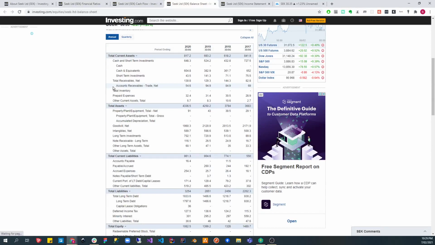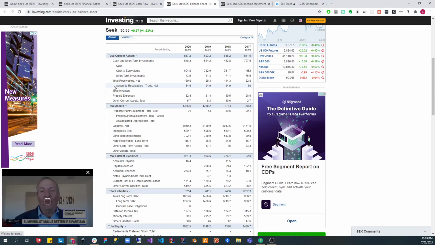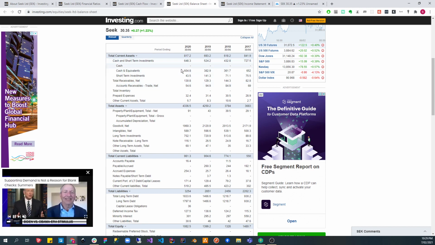Right, looking at the balance sheet, you've got a current asset of $817 million. It has gone up, and cash has gone up, and total current liability is definitely higher than the amount of cash. Well, at least it's not negative. I've seen investing.com displaying less than 1 for quick ratio.